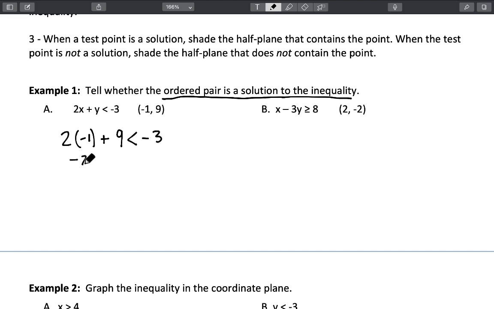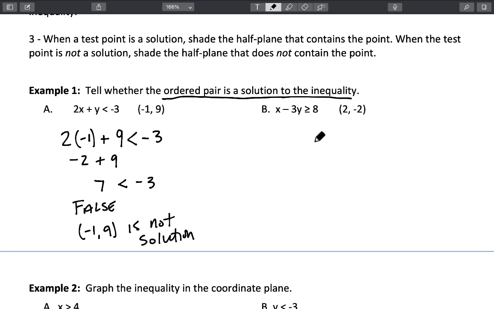So this is -2 plus 9, which is +7. Is +7 less than -3? Nope, this is false. So we would say that -1, 9 is not a solution to our inequality.